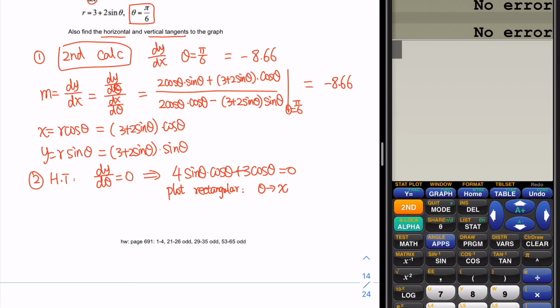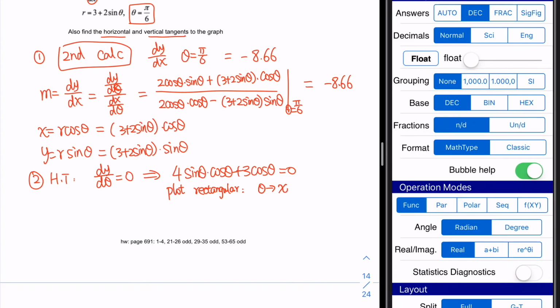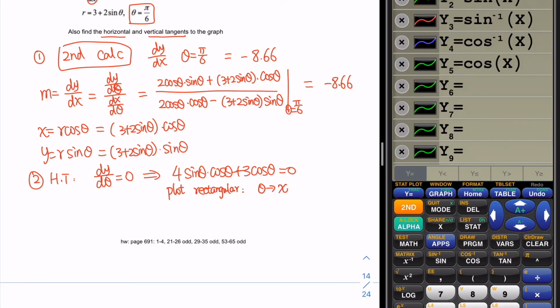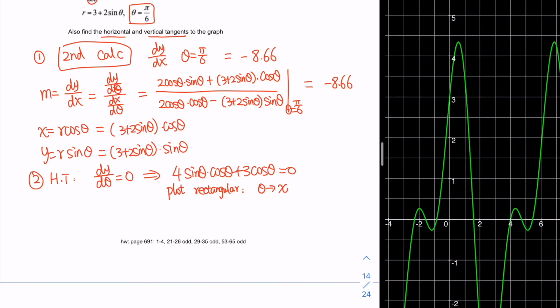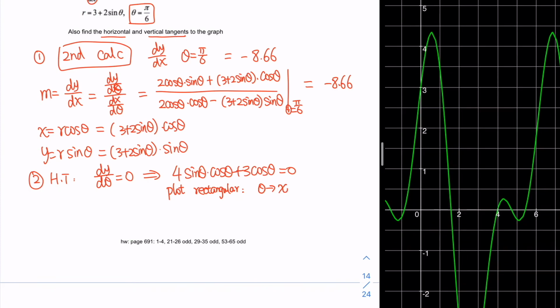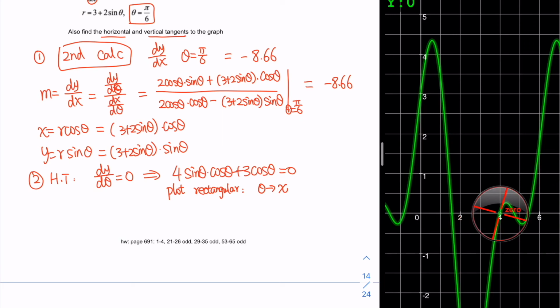Change the mode to function and plot it. From 0 to 2 pi, there will be 1, 2, 3, 4 roots. And theta in this case equals 1.57, 3.98, 4.71, 5.43.